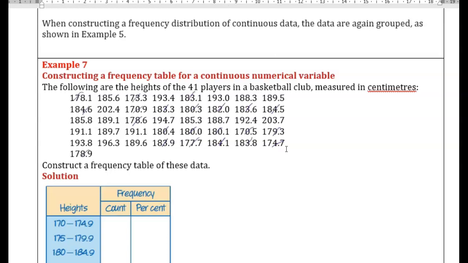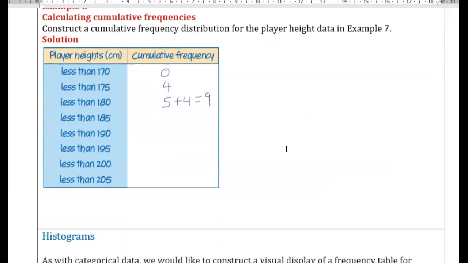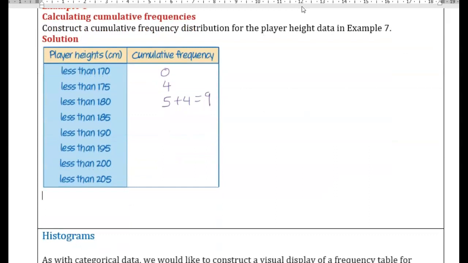So 13 more added on. So we've got 13 plus the 9 we had from before. Okay, so that's going to give us 22.